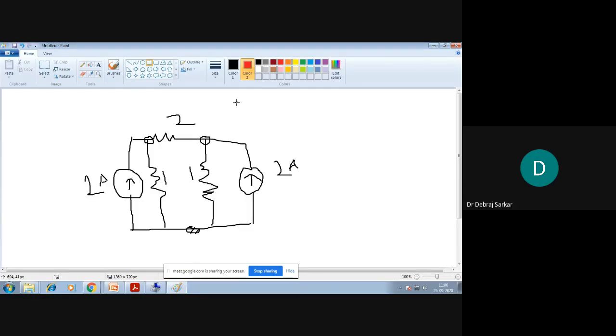In this format, I want you to write the equation. So you have these two nodes, right?